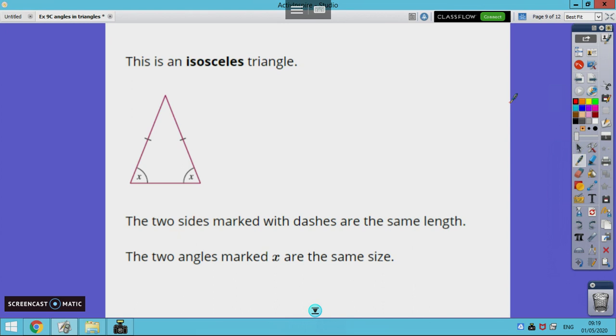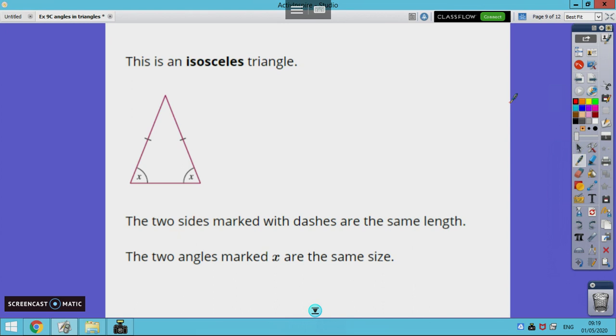So if one side is 10, the other side has to be 10. And obviously the one down the bottom is going to be the odd one out and be completely different. And then you've got those two angles marked X at the base of the triangle. And those two angles are also going to be equal to each other. So the one at the top this time is the odd one out.